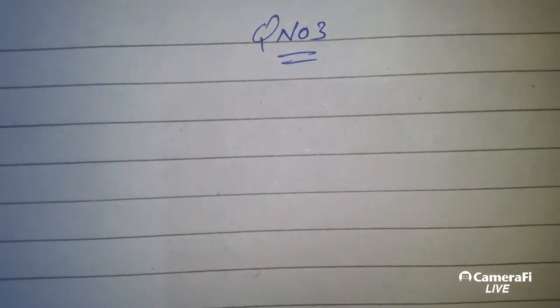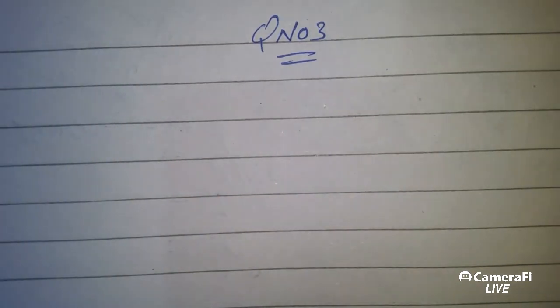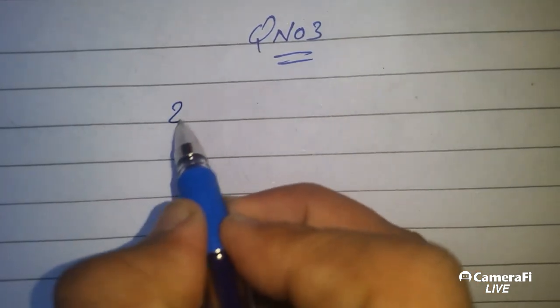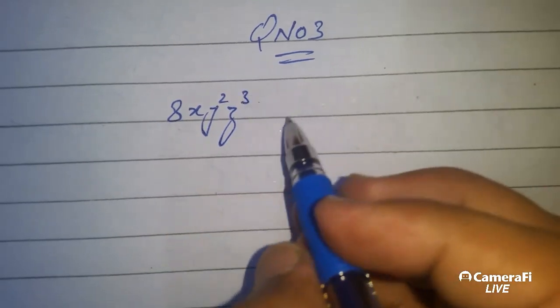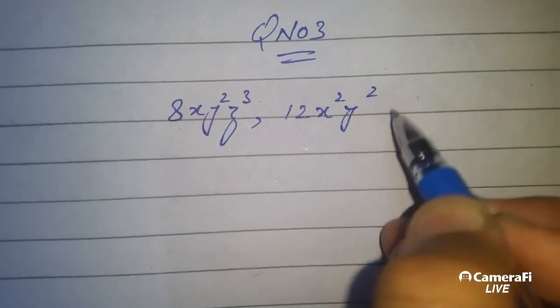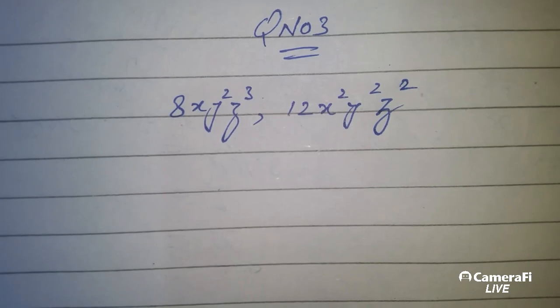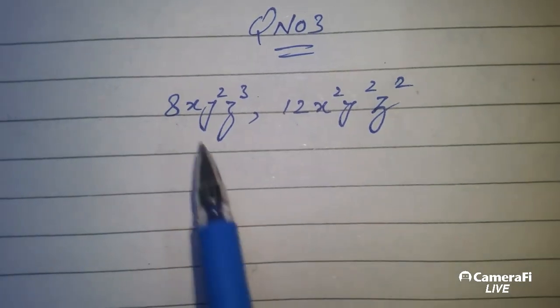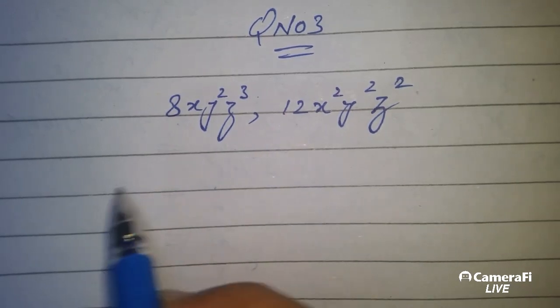Next question is question number 3, and we are discussing HCF by factorization. Now you can see that 4 2s are 8 and 4 3s are 12.